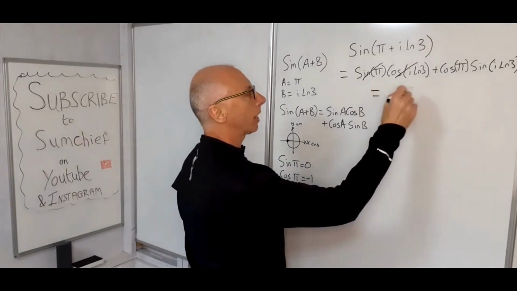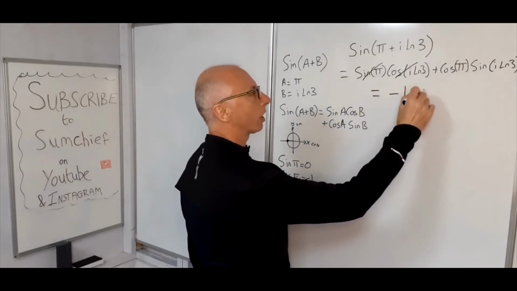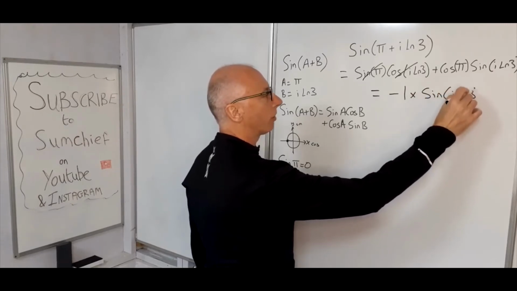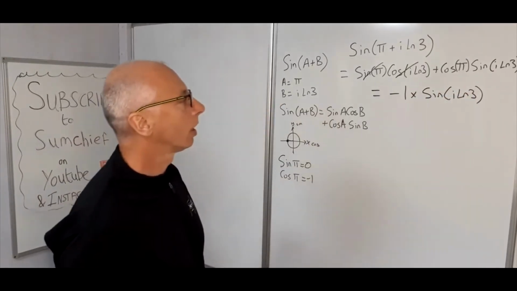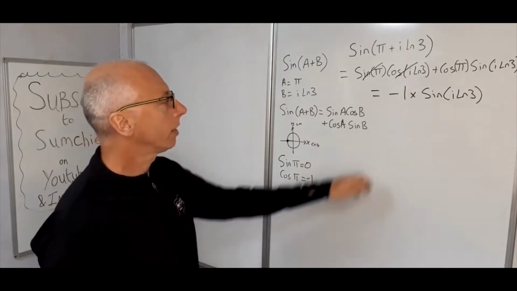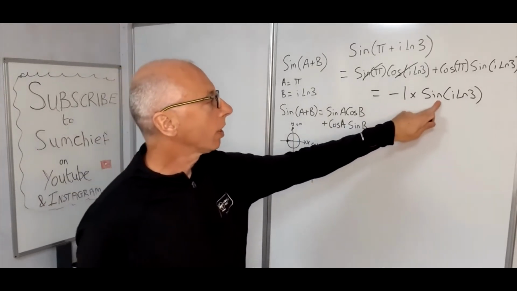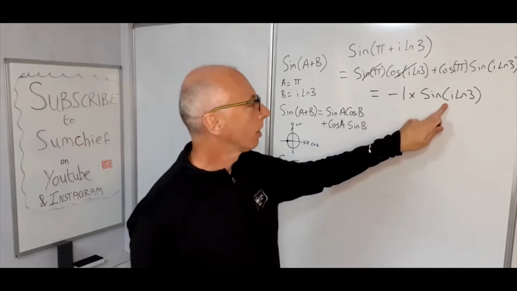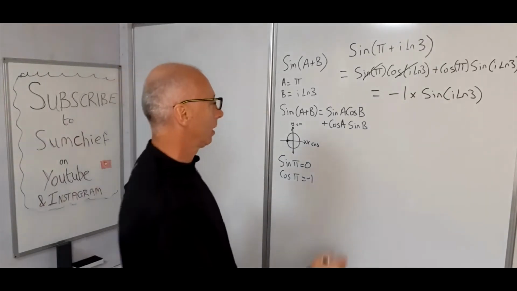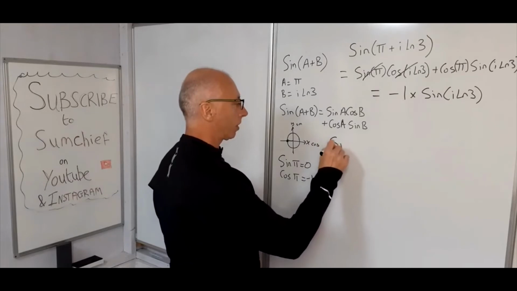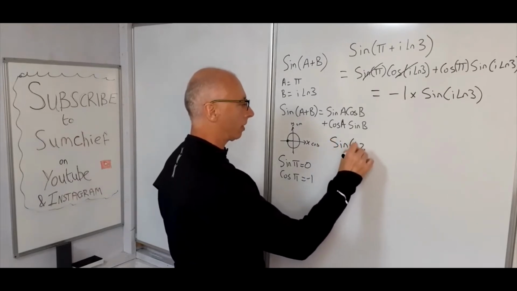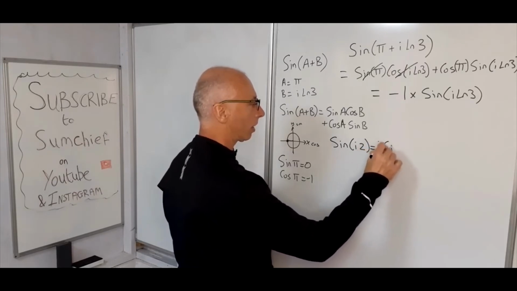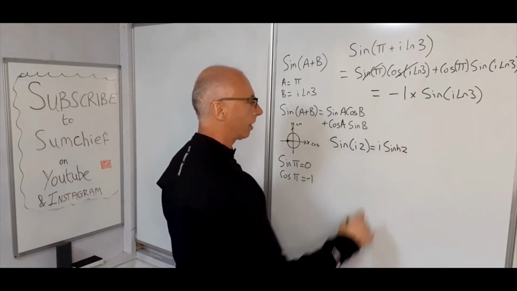So let's see what we've got here now. We can plug that in. So we've got -1 times sine of i natural log of 3. Okay, so -1, no problem. Sine of a complex number input, so there's an identity for that. What we do know is that sine of iz equals i times sinh of z.